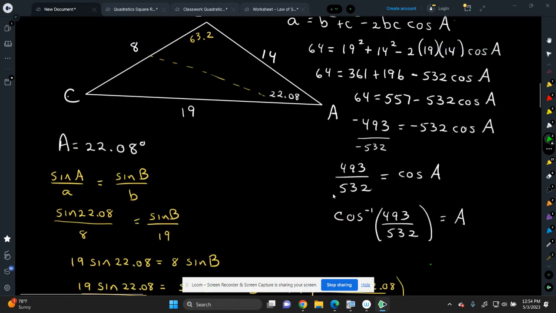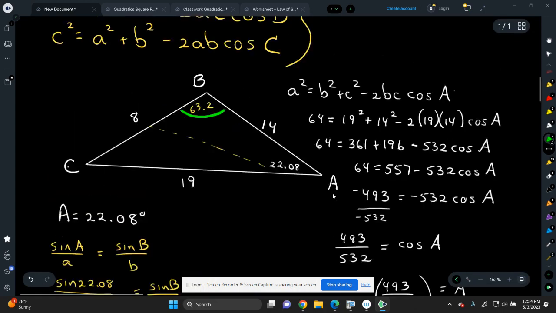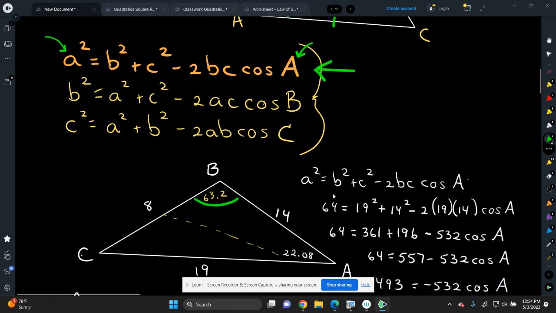Unless you're sticking with side-angle-side. Let's say you use the law of cosines again to find angle B, with this formula, that should work actually.